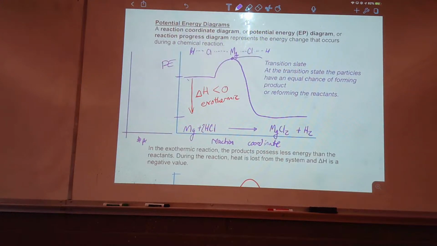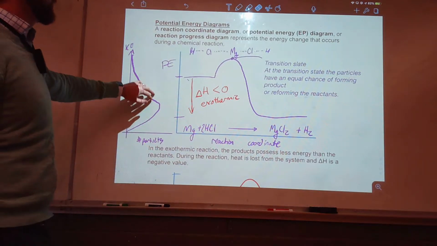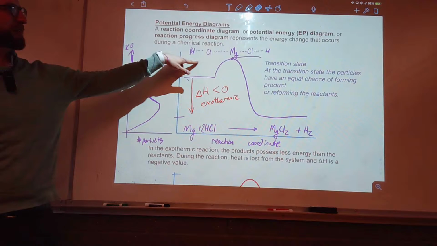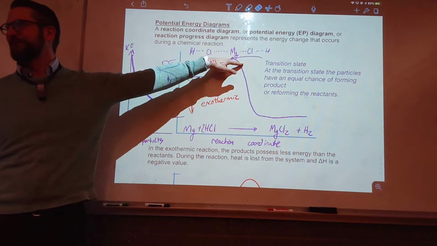So this will be number of particles here, and this will be kinetic energy. So our diagram is going to go like this. If this is the case, this is a low temperature reaction. Notice that this reaction would not be able to happen because we don't have enough energy to cross our threshold.